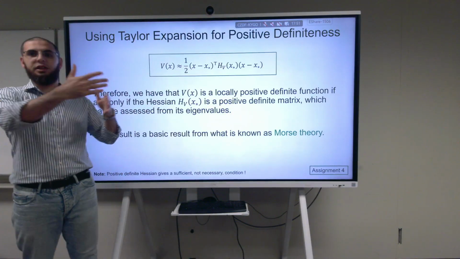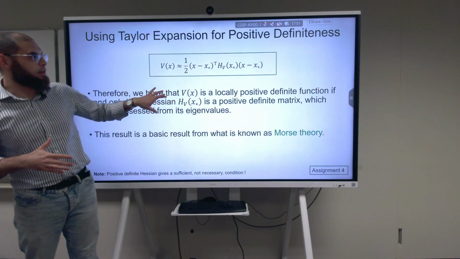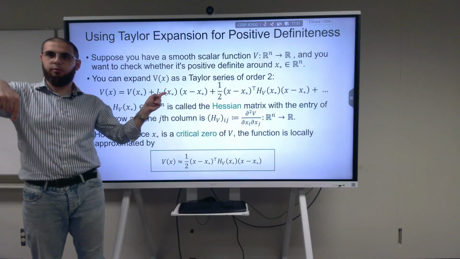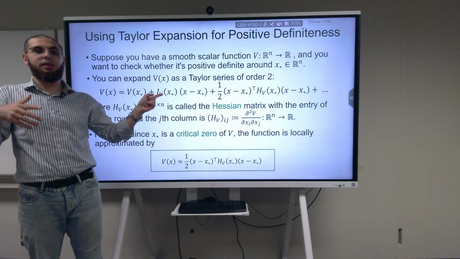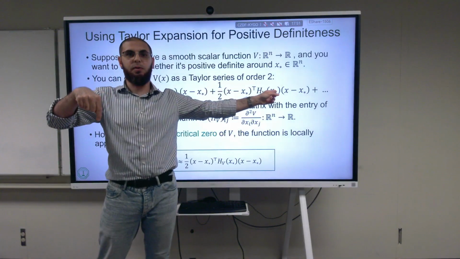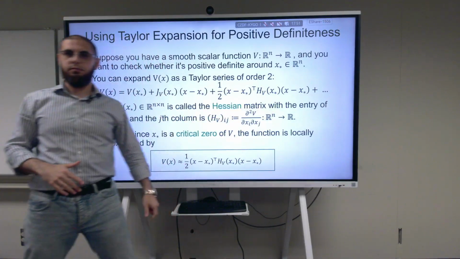Absolutely. But now you can check for different values. And that's why when you evaluate the Jacobian, you evaluate it at the equilibrium point, and the Jacobian will always be 0. However, the Hessian, when I evaluate it at the equilibrium point, sometimes it can be positive, sometimes it can be negative.